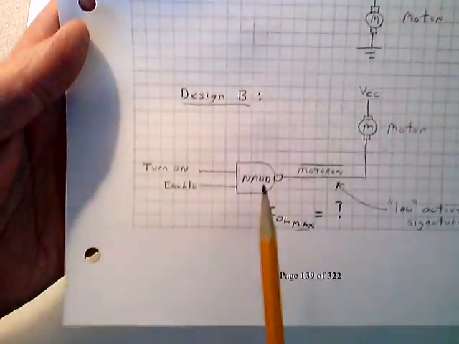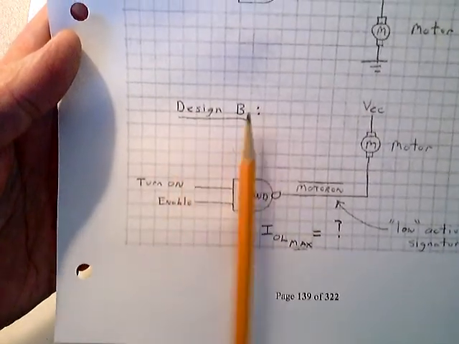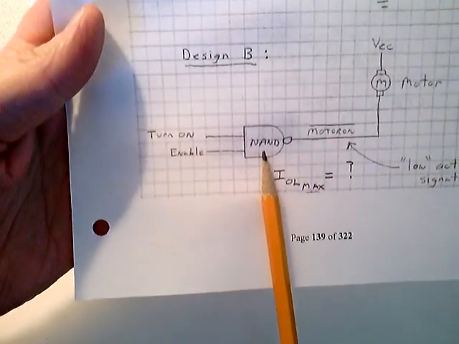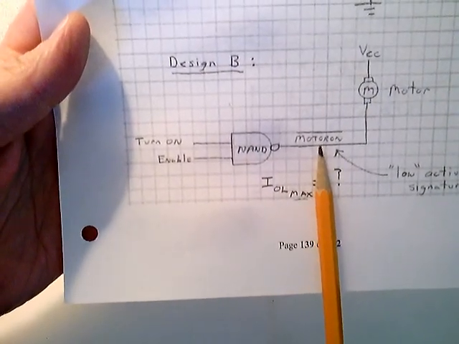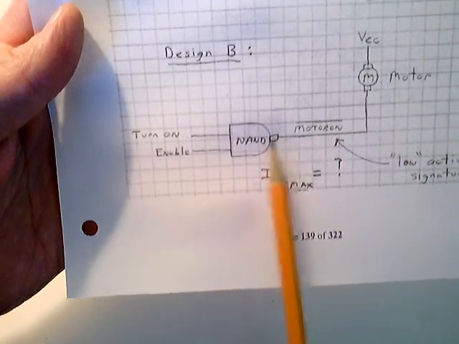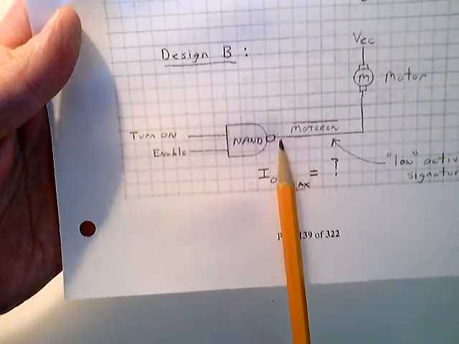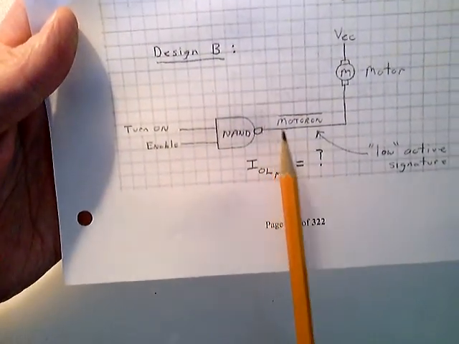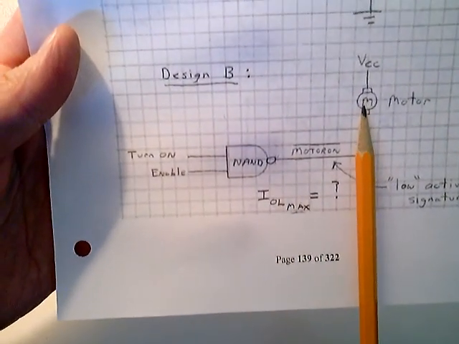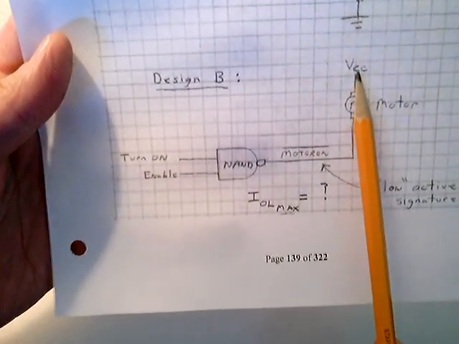So another engineer designs down here, design B. He or she suggests, well, let's use an AND gate here, and let's drive a low active signature here. In other words, a 1 here and a 1 here. We'll put a low out there. So it's a ground. You're throwing out ground, ideally, 0 volts. Well, what happens is on the other side of the motor, you don't tie it to ground like you did.